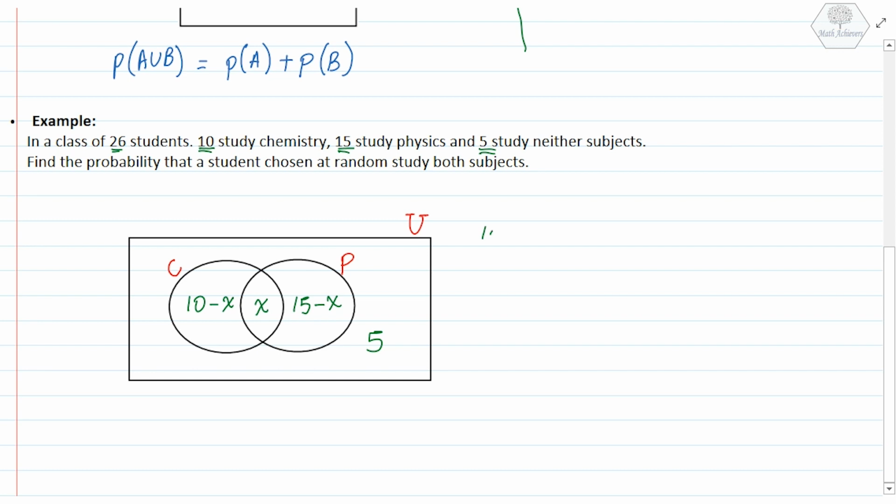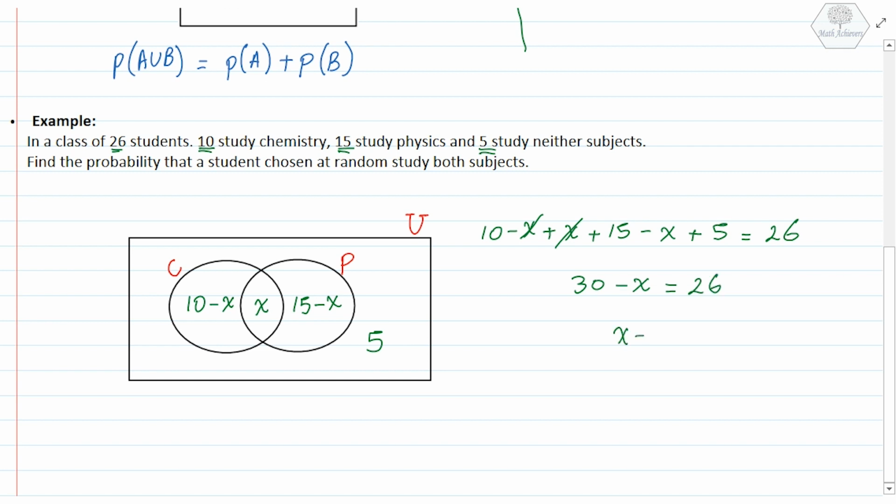So I have 10 minus X plus 15 minus X plus 5 simply equal to 26. Simple addition now. This minus X will cross out with this X. I'll end up having 10 plus 15 is 25, and 30 minus X is equal to 26.